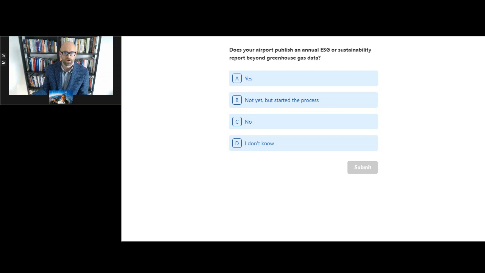And if you're publicly traded, sometimes you're actually integrating what's called an integrated report into your financials. But beyond ACA, which we mentioned is only greenhouse gas, do you, and some airports do, have a broader sustainability program that they report on, where greenhouse gas is just one section of a larger report? So it could be yes, not yet but started the process, or no, or maybe just don't know.